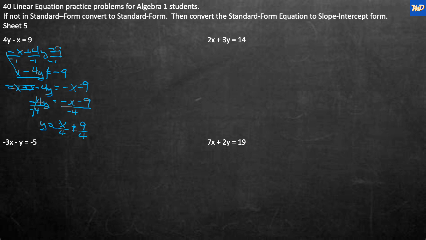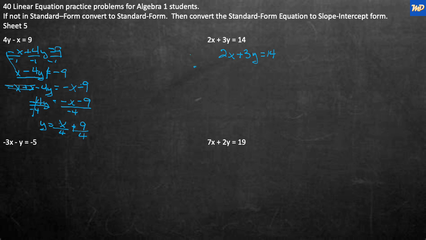So we can move the x. I'm going to write it. 2x plus 3y equals 14. So I'm going to subtract a 2x from both sides.